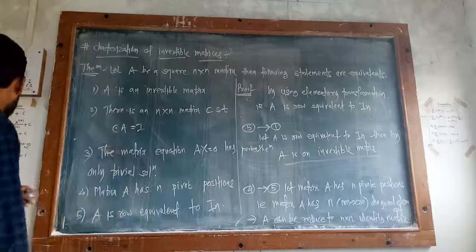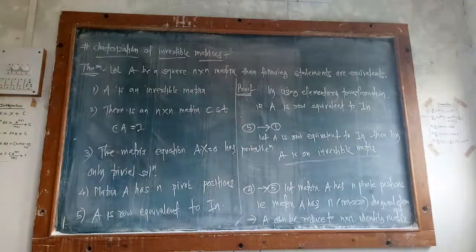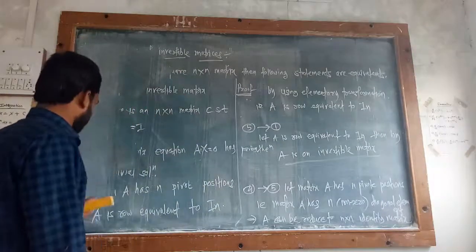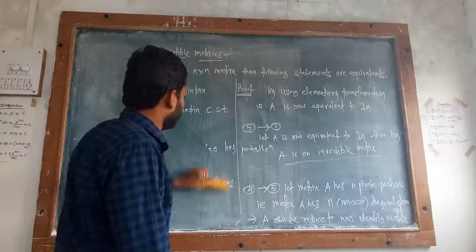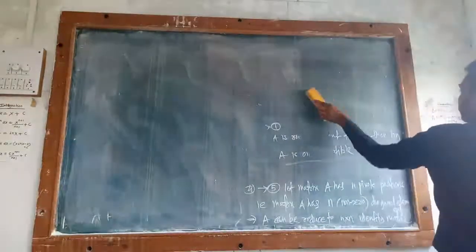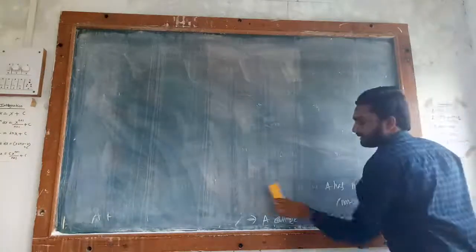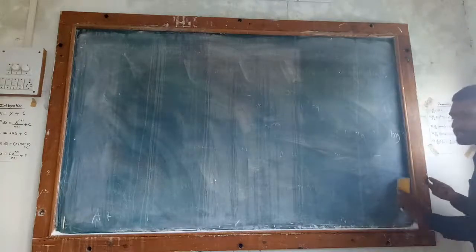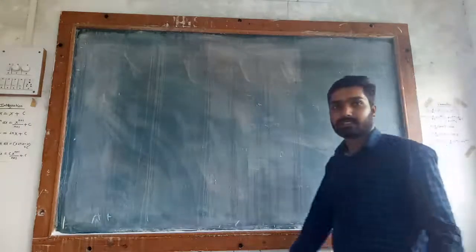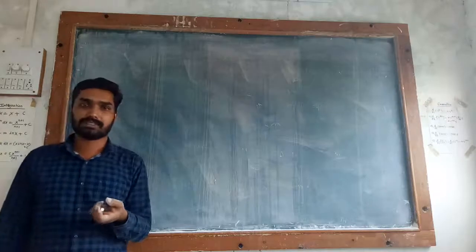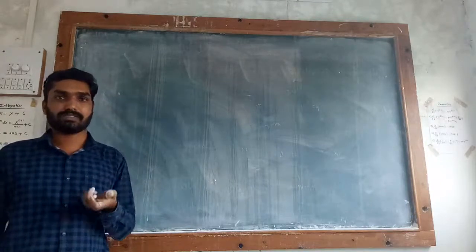Now we have to take an example on that point. From this theorem we have seen that matrix A is invertible if matrix A has n pivot positions.